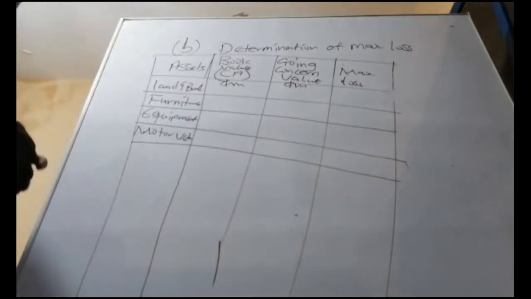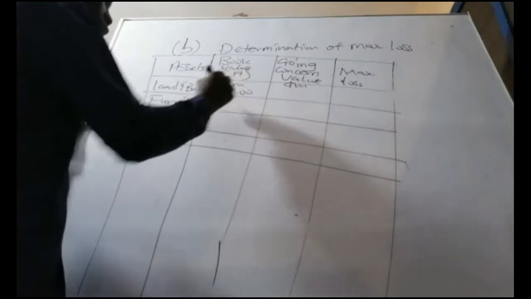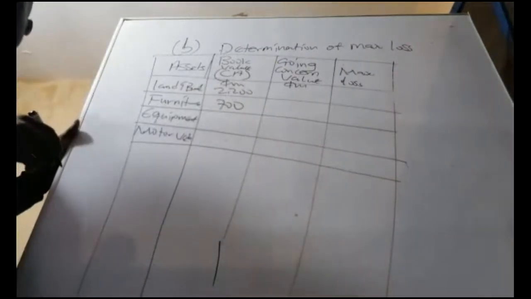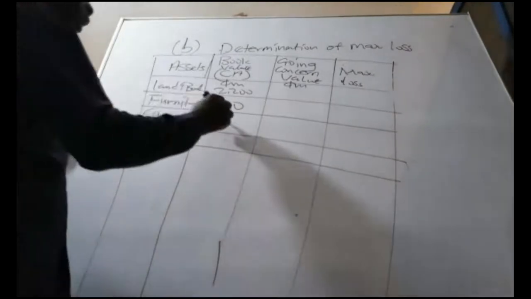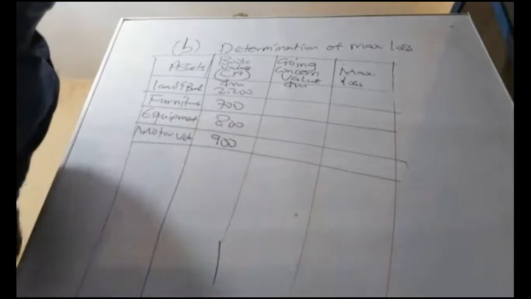Then the value together with the value, 2,200. Then 700. Then 800 and 900, together with their values. We'll finish right now, okay?